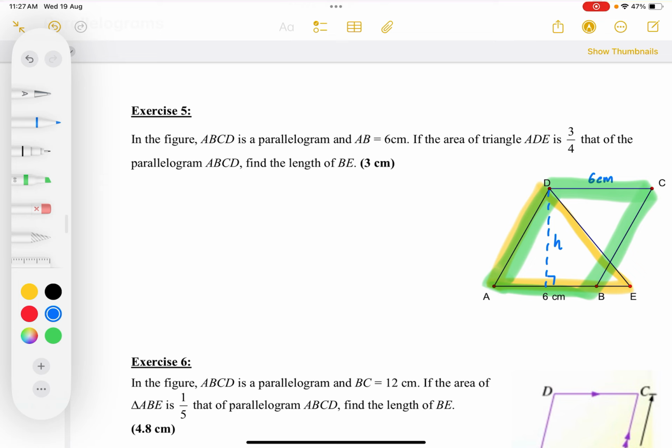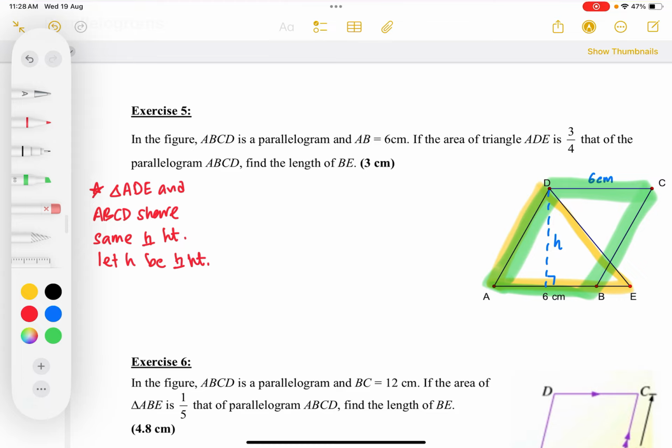Okay, so just for your notes, triangle ADE and our parallelogram ABCD share same perpendicular height. So we let H be perpendicular height. Now let's write down the area of triangle ADE, because that's what the question said.